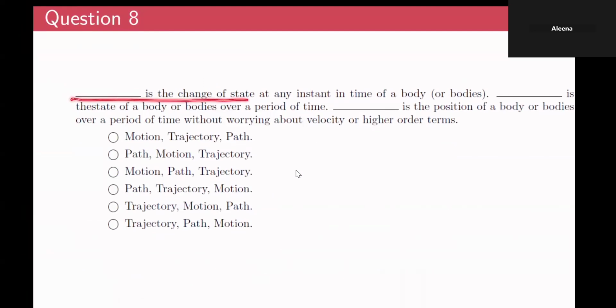Dash is the change of state at any instant in time of a body or bodies.